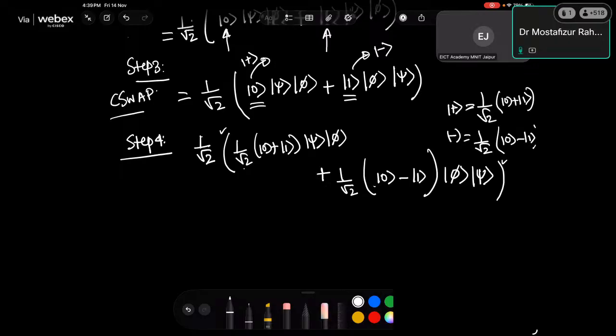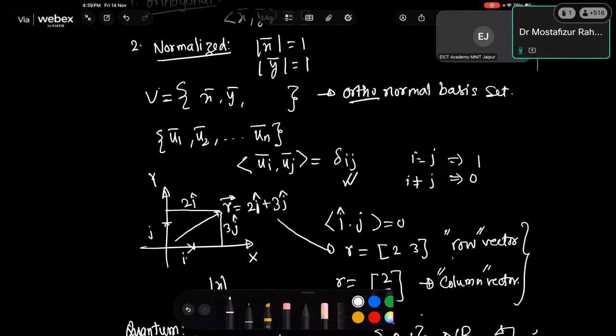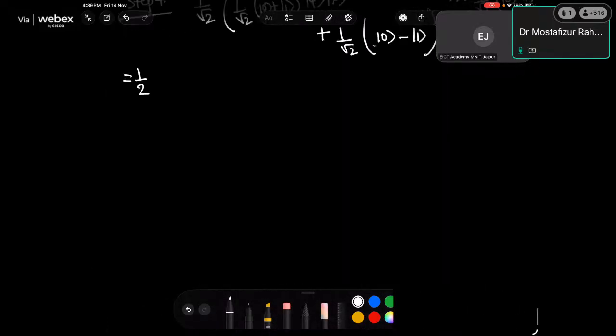Now this 1 by square root 2 and 1 by square root 2 will become a half, right? If you do the multiplications and put all 0 in one place and all 1 in another place, just by breaking these equations, like 1 times phi psi, 0 times psi phi, and 1 times psi phi, similarly 0 times phi psi and 1 times phi psi. This digital screen is doing a lot of trouble.